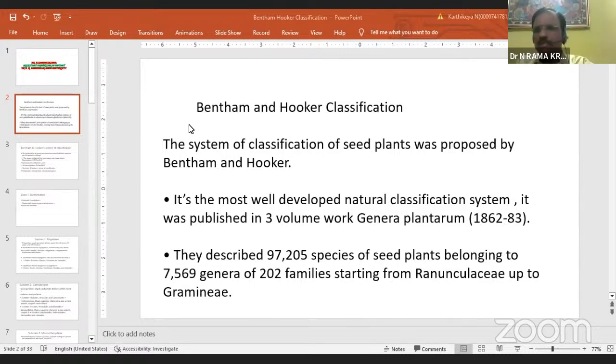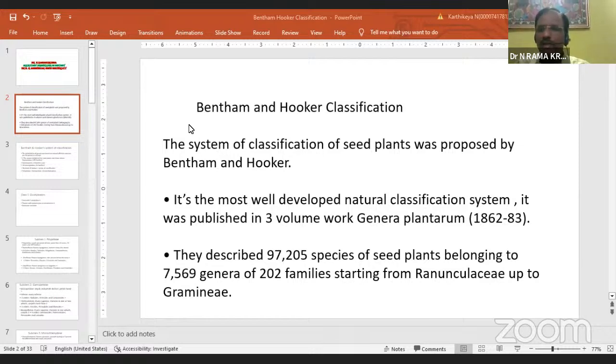Number 3 is classification. Generally, classifications are 3 types: artificial, natural, and phylogenetic classification. So now I'm not doing all the details about it. This one you already know very well.